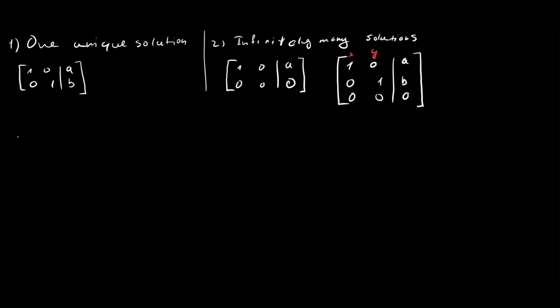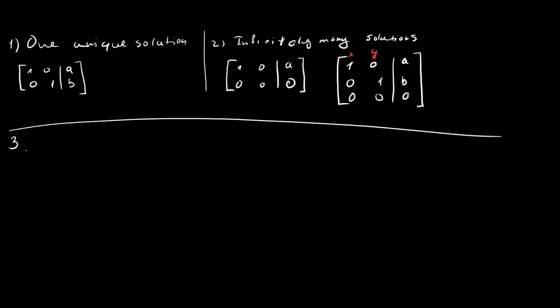And the third outcome we can get is no solution at all. So this happens when we get a contradiction. Let's take a look at this matrix.